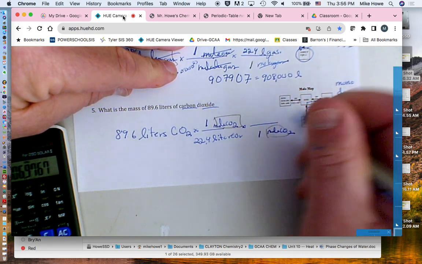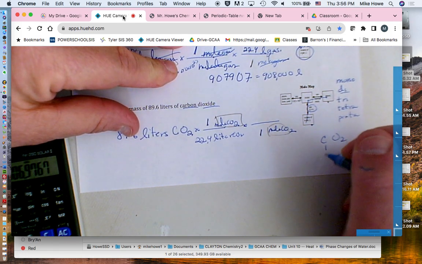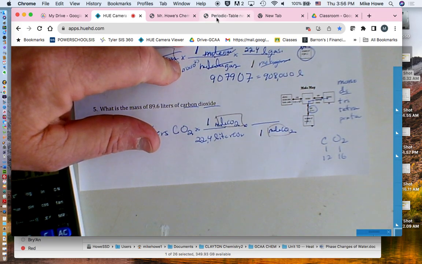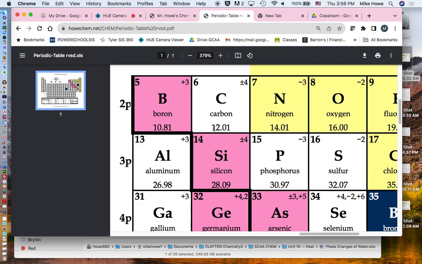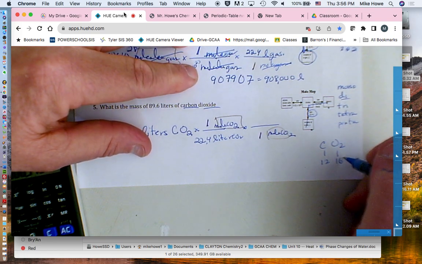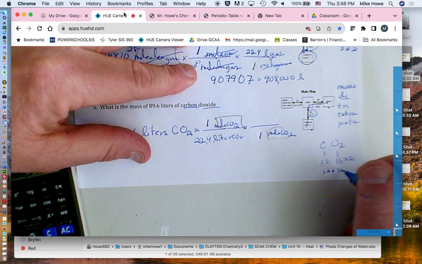1 goes in moles. We have to find the formula mass of carbon dioxide. Carbon is 12, oxygen is 16. We know that because we know our periodic table. There's 12, there's 16. But there are 2 oxygens, so that has to be multiplied by 2. So now I've got 12 plus 16 times 2.